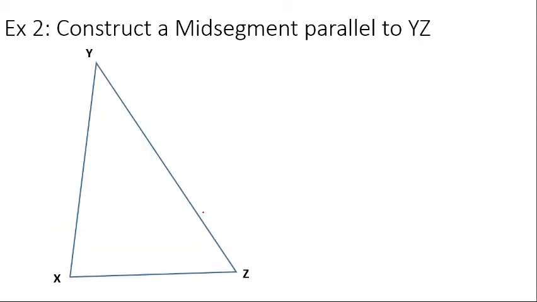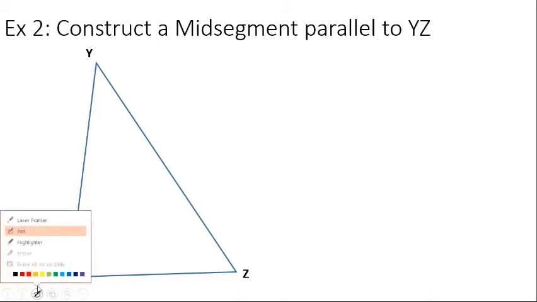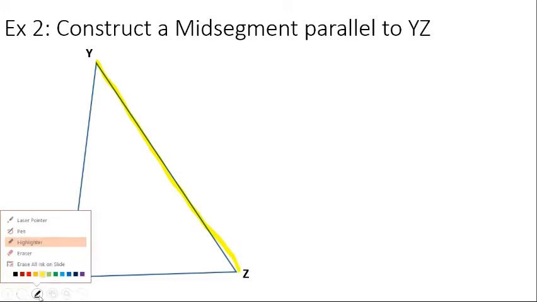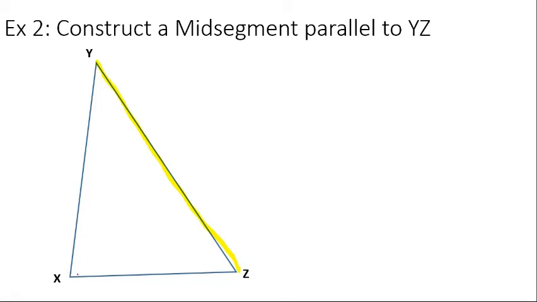Okay, example 2, construct a mid-segment parallel to YZ. So again, YZ is this segment right here. So what we do first is we find the midpoints. So midpoint between XZ. So here, if I estimate, it's going to be about here.